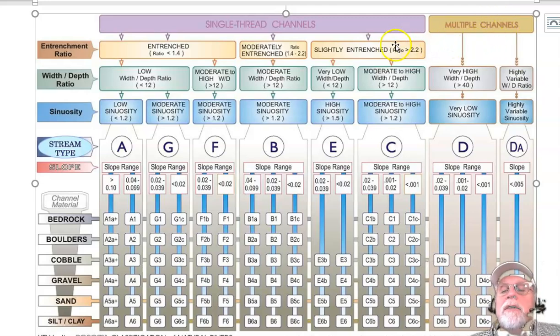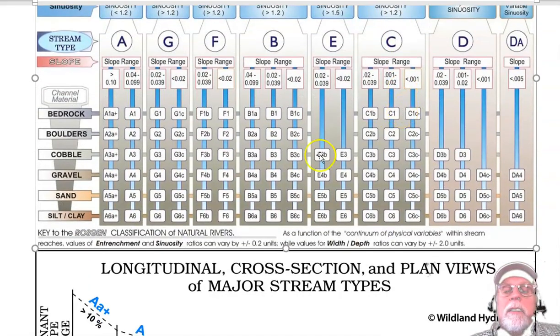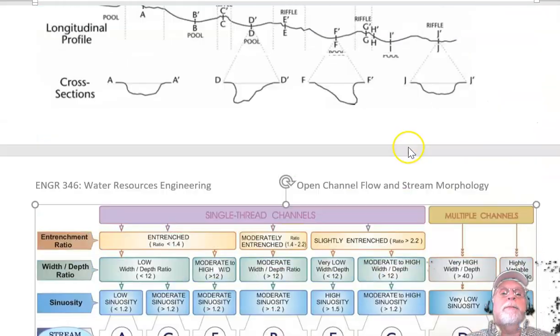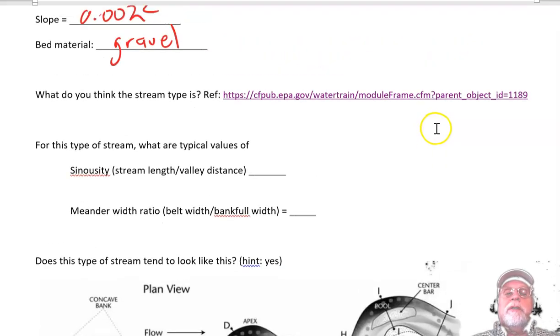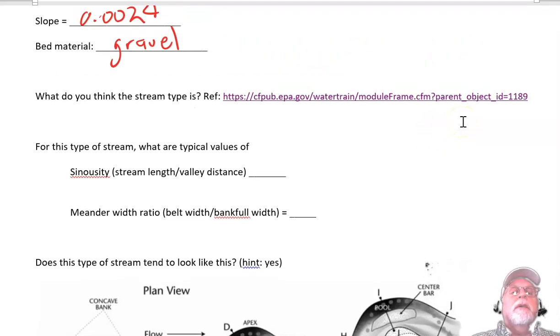So really, it seems to me that we are focusing in on C. And if we go further, we can see that we have a gravel bottom, and so that would give us a C4 and 0.001, yep. So right in about a C4. So I'm going to say we're at a C4.